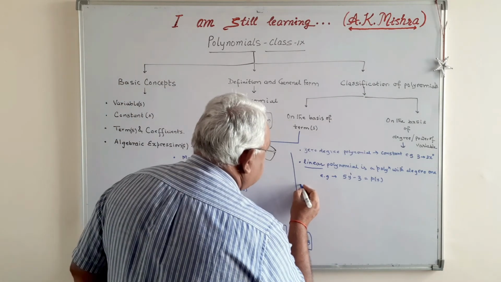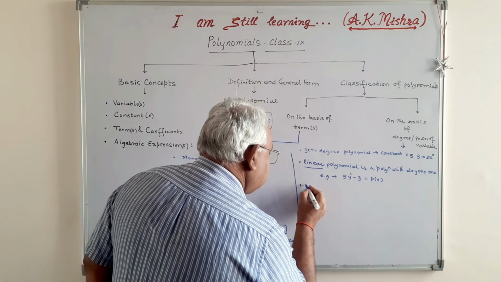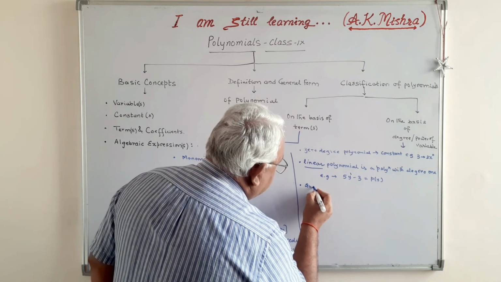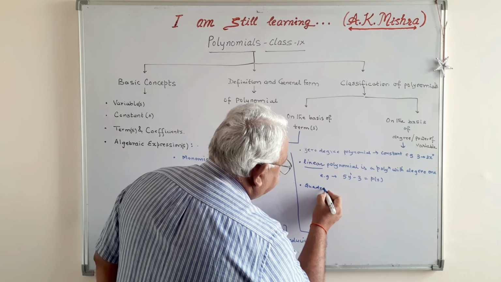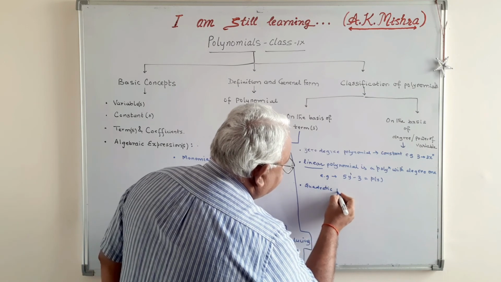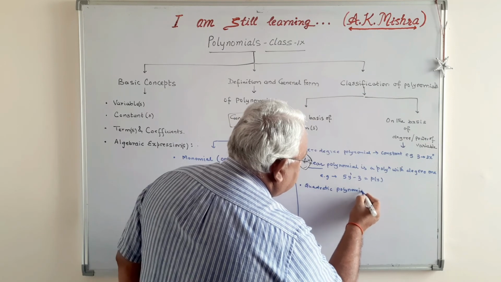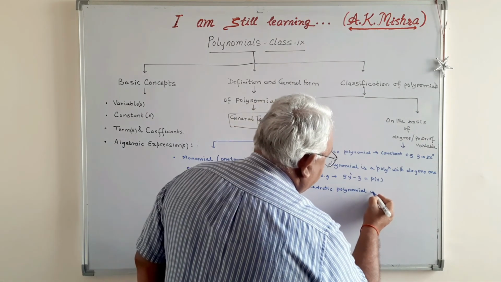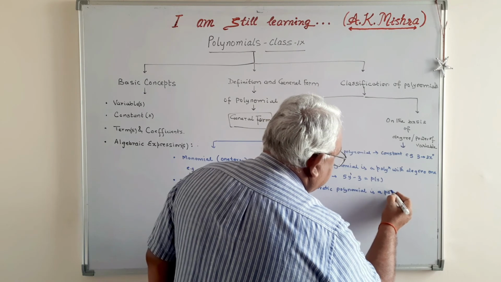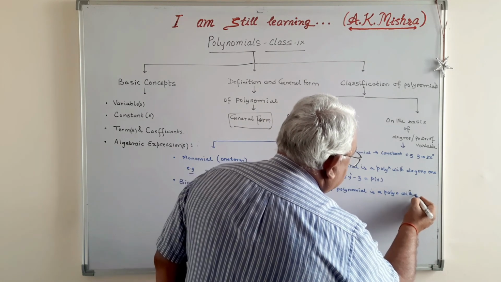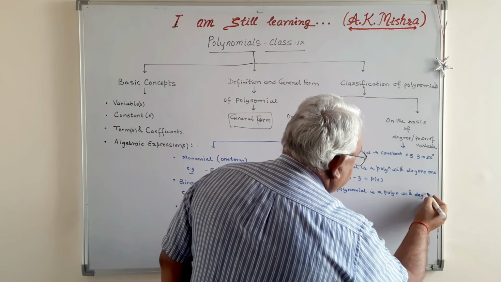Whatever is the highest power of the variable in this expression, that becomes the degree of the polynomial. Then we move on to quadratic. A quadratic polynomial is a polynomial with degree 2.